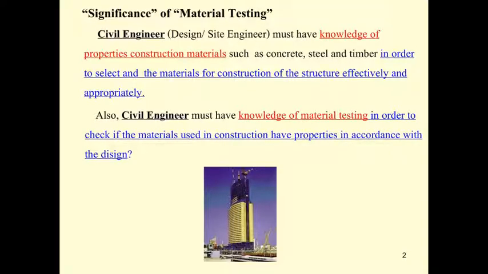You also buy the steel from another company, for example, Saviria Steel Industry. And then when you buy that material, they send it to your construction site. So you have to check whether the steel has material properties in accordance with the specification that you use and pay the money for.